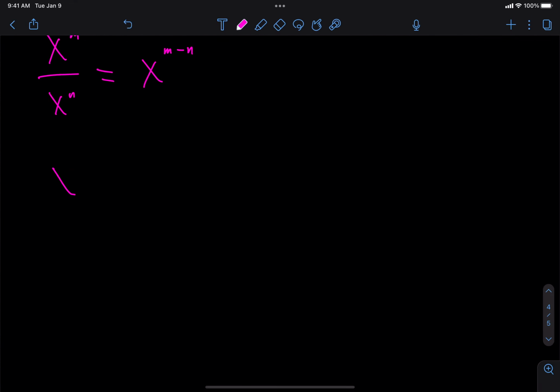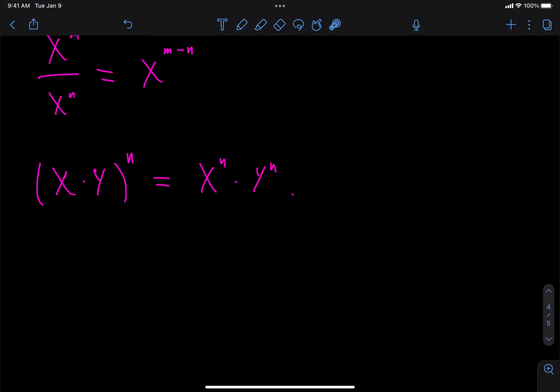I've also got, what if I do x times y, and I do all of that to the 4th power, or to the nth power? What do I get when I do that? Yes, I get x to the n times y to the n. Okay?